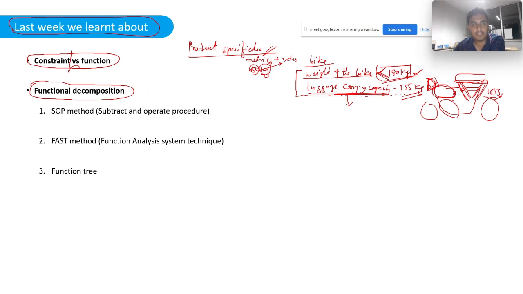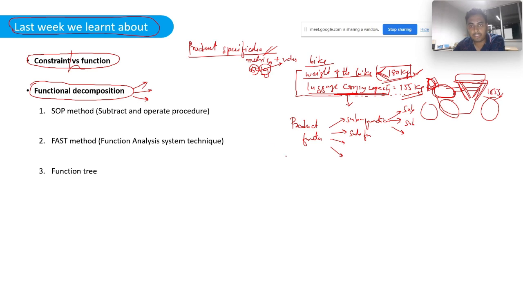Functional decomposition is basically breaking a higher product function into individual sub functions. So basically we are decomposing into sub functions, and sub functions can again be broken into other sub functions.